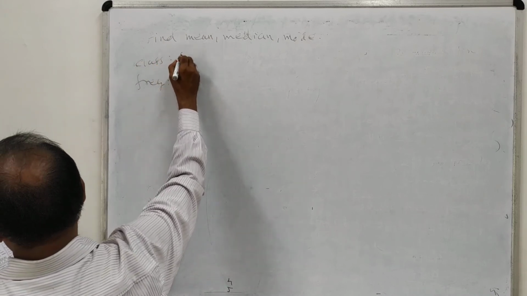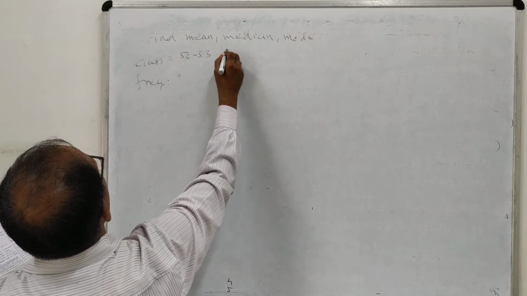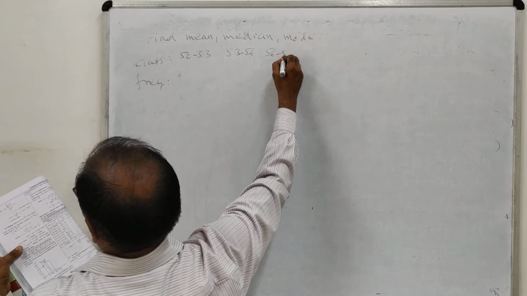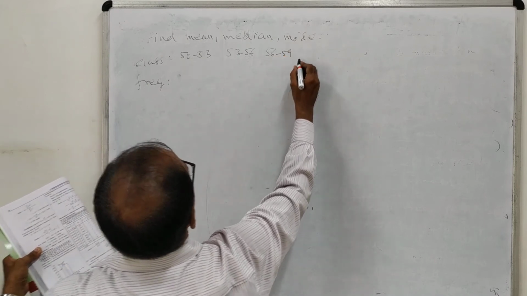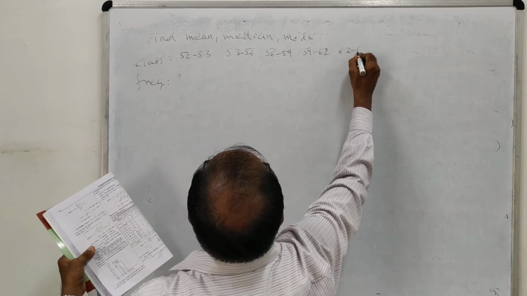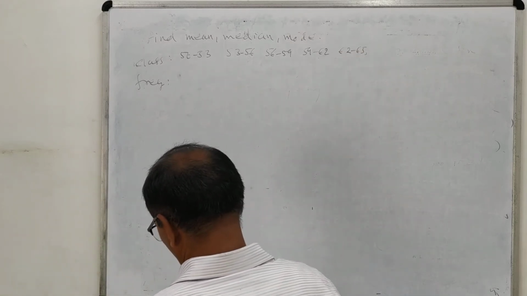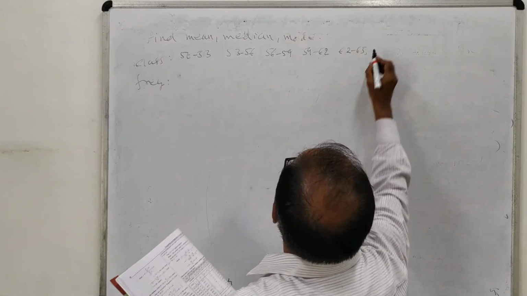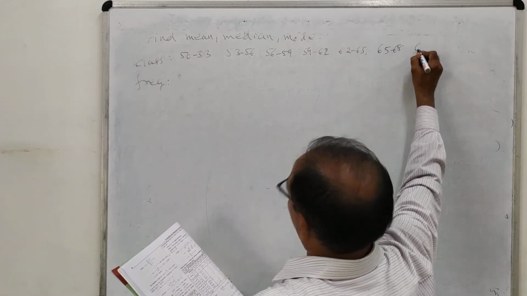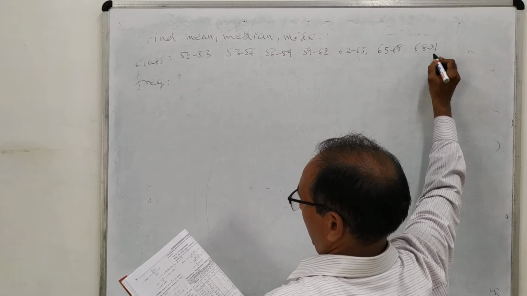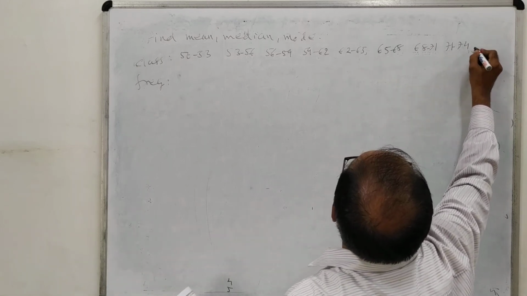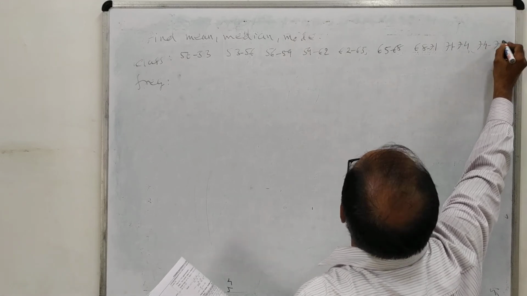The classes are from 50 to 53, 53 to 56, 56 to 59, 59 to 62, 62 to 65, 65 to 68, 68 to 71, 71 to 74, and 74 to 77.